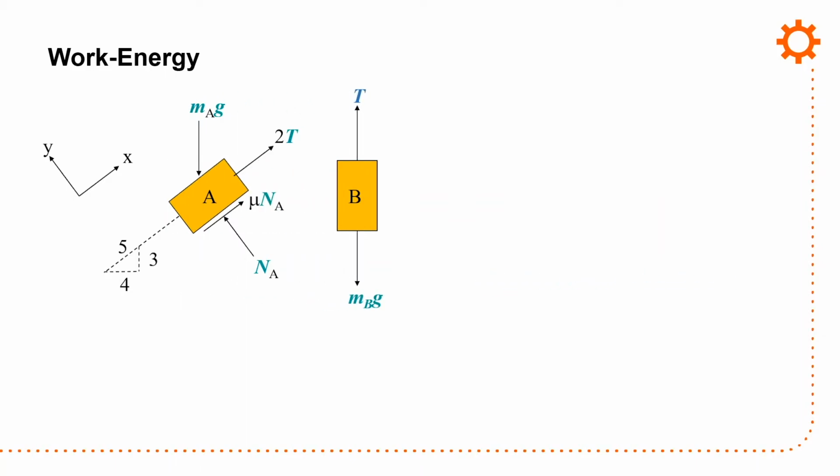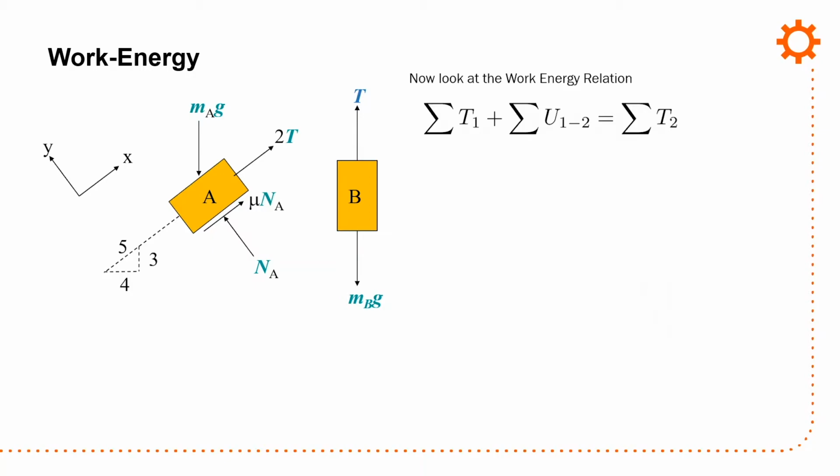If I add all the terms together, and I have both blocks in this system, and this is one of the differences with this problem, that it's a system of particles, and I look at the work-energy equation, I can say, well, work from 1 to 2 plus the kinetic energy at position 1 is equal to the kinetic energy at state 2, position 2.